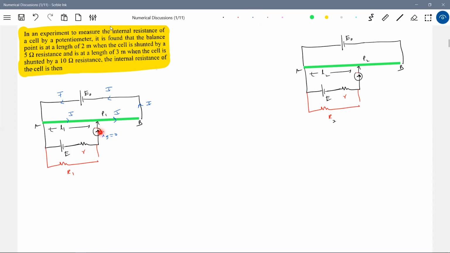When the current through the galvanometer is 0, this current flowing in the primary circuit will not branch. So the same current I, you can see here. And here there will be a flow of current, you call that I1. That I1 takes the path in this way, plus, minus, plus, due to this I1. Call this X, Y.